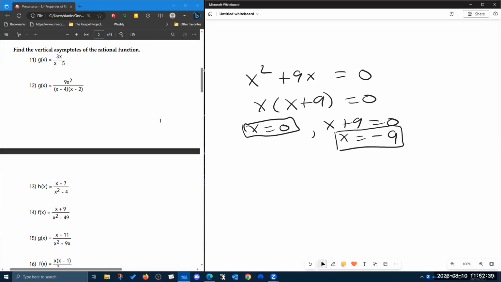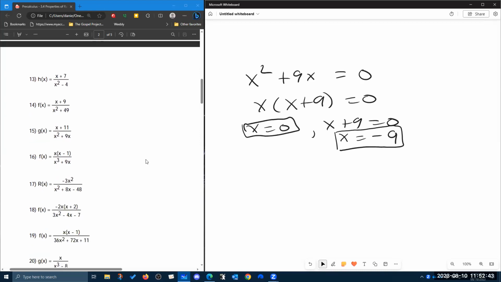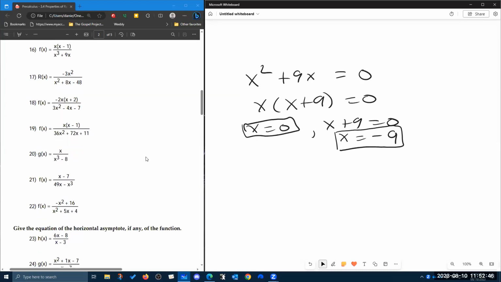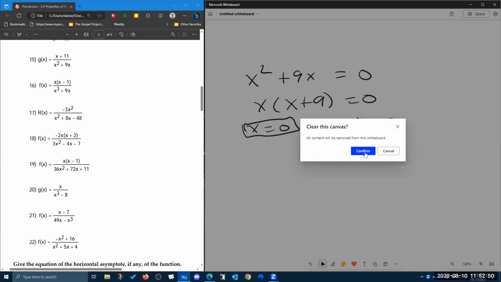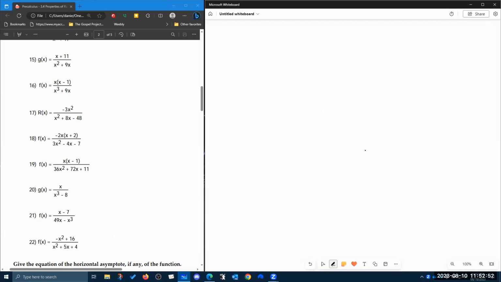Neither of them make the numerator equal to 0, so there's no holes. Let's try number 16 now.